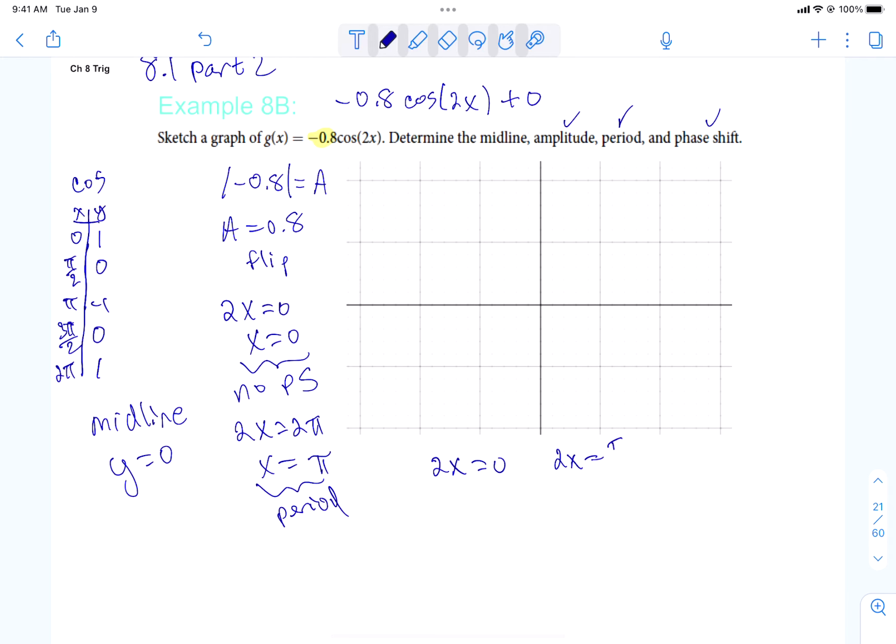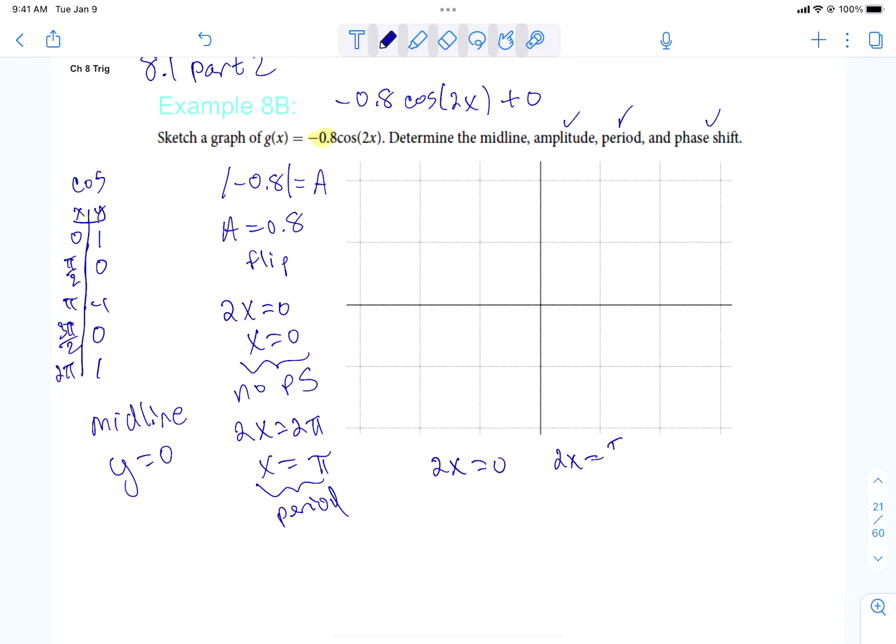So along my x-axis, let's count here every 2 as a pi over 4. It looks like I can stretch out to a negative 2 pi to a positive 2 pi. Now, as far as my up and down go, we only need a 0.8.